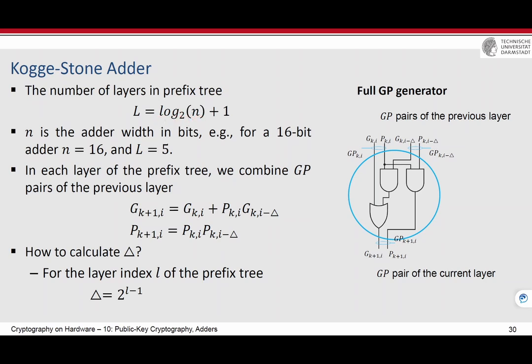If you consider this as one element in every layer, then at most log2 of n of these components will be after each other, and this is the minimum you can do up to now.